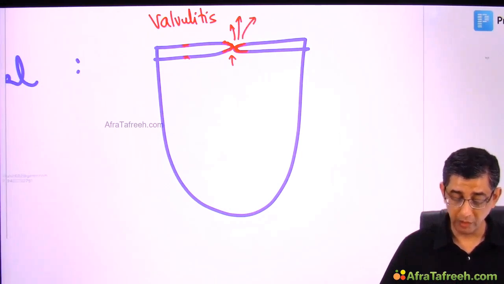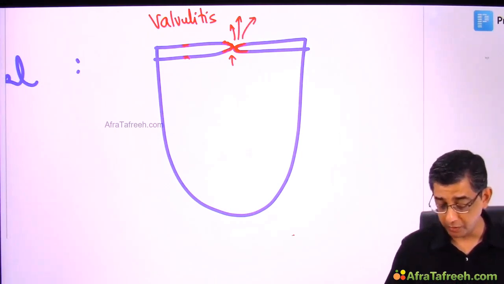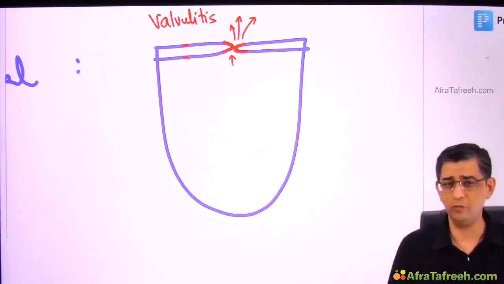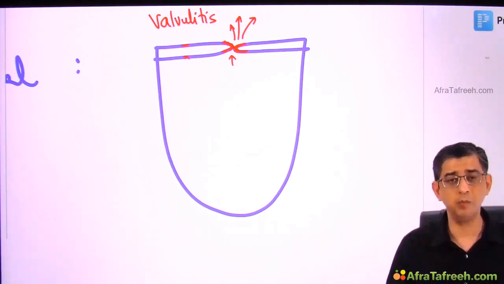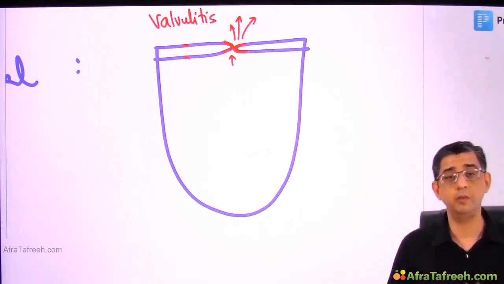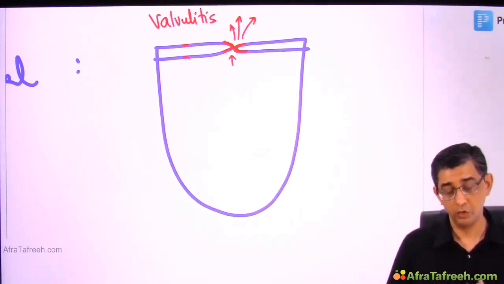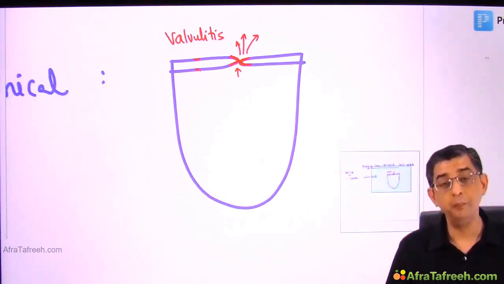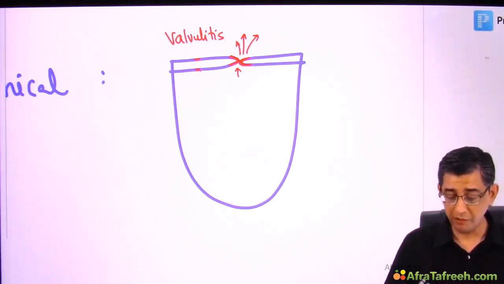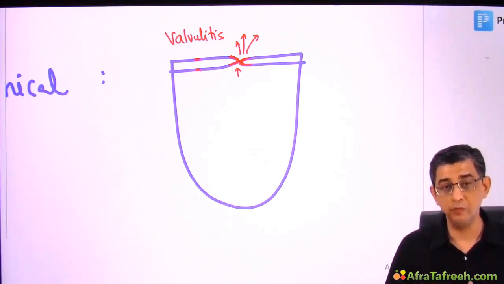If the amount of leakage of blood is very less, the murmur may not be appreciated. You see, when you are in a busy OPD with a lot of noise and cacophony in the background, there's a high probability that you may not be able to appreciate a murmur because of the background or ambient noise. So it is saying, why do you want to miss out a case just because you were not in a proper setting, if echocardiography can pick up this valvulitis?